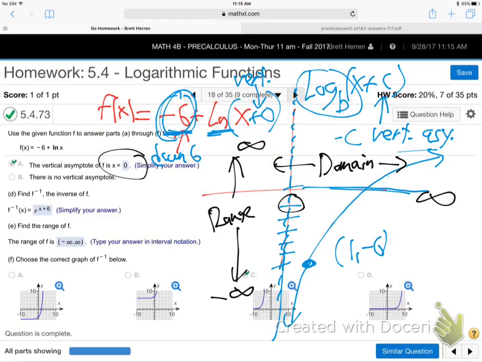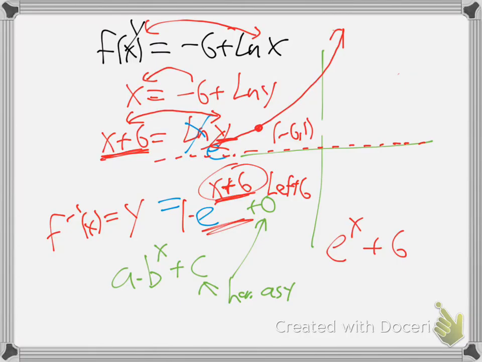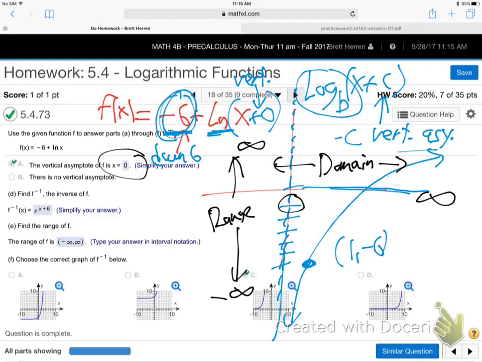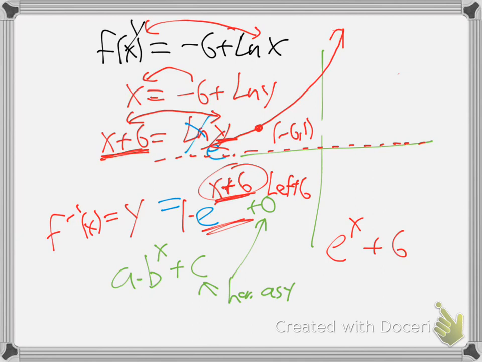If I went back and said, what was this? See how this graph here in blue? That blue was the original function, the natural log. Now, negative 6 plus natural log x. That one's right here.